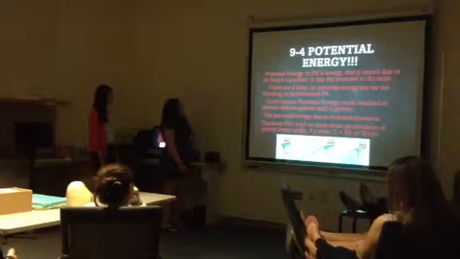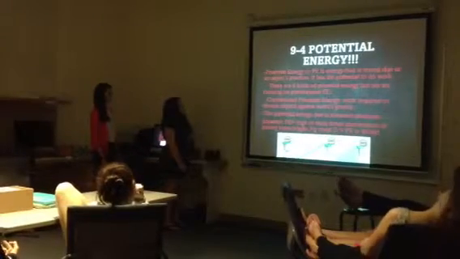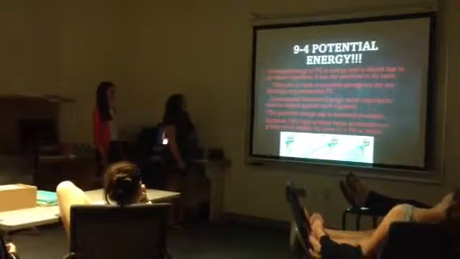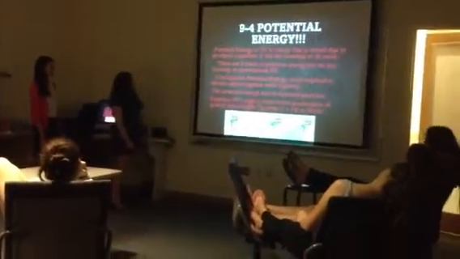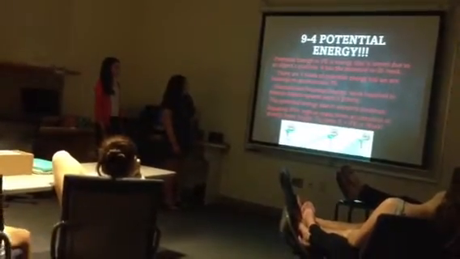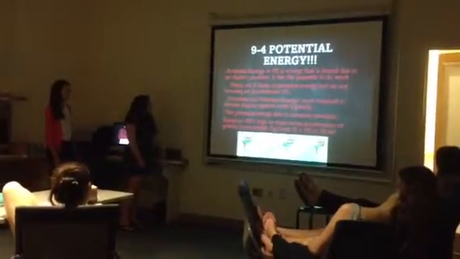Potential energy is energy that is stored due to an object's position. It has the potential to do work. There are 3 kinds of potential energy, but we are focusing on gravitational potential energy. Gravitational potential energy is the work required to elevate objects against Earth's gravity, the potential energy due to an elevated position.